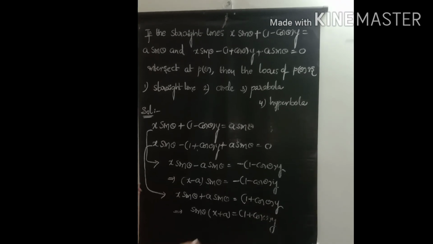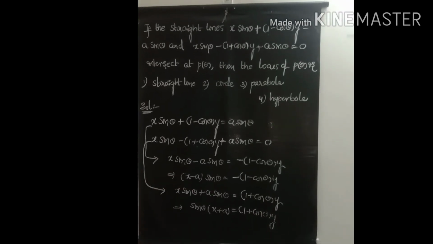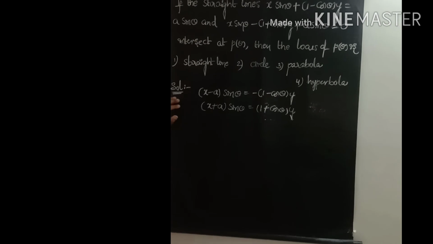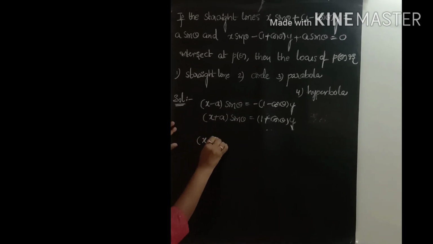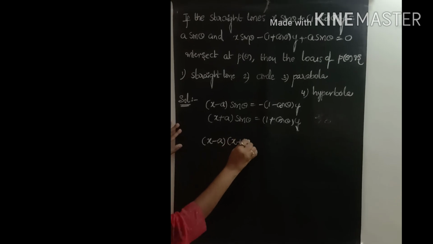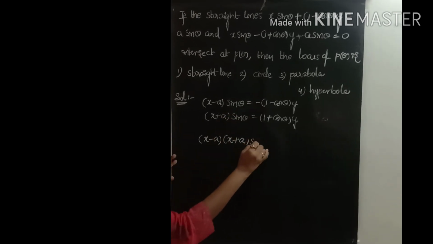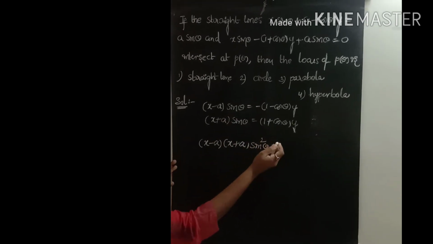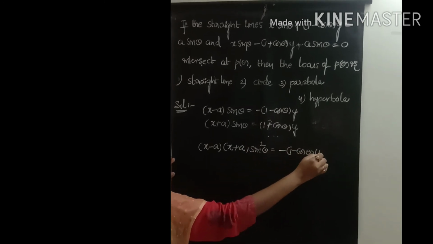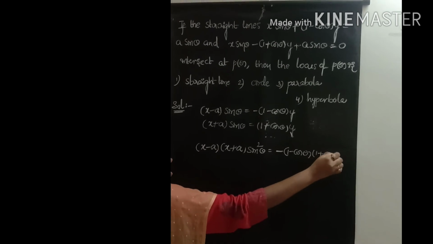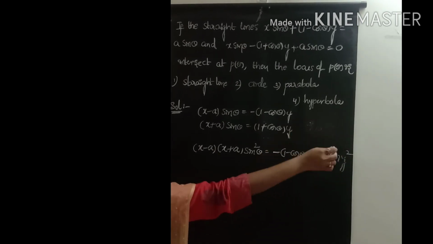Now we are multiplying these two equations. (x − a) sin θ into (x + a) sin θ, that is (x − a)(x + a) sin θ into sin θ, sin²θ, is equal to −(1 − cos θ)(1 + cos θ) y into y. y into y is y².